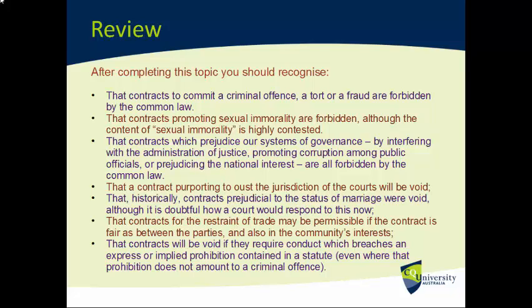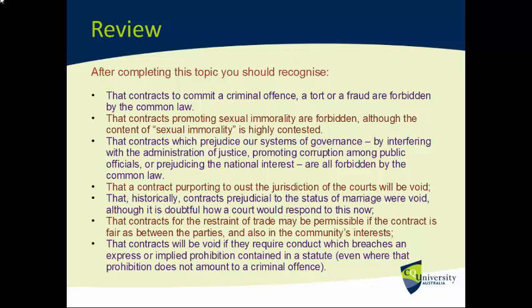And finally, if a contract will involve illegal conduct, but that conduct hasn't actually occurred yet, then nothing's actually been done that's been unlawful. So there may well be no reason why the courts can't go ahead and enforce.